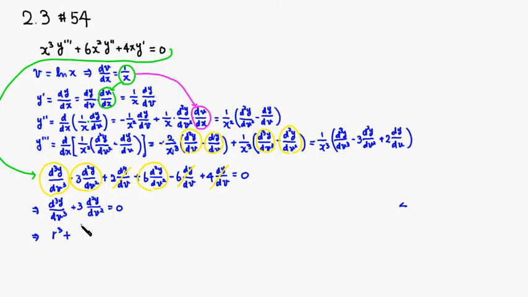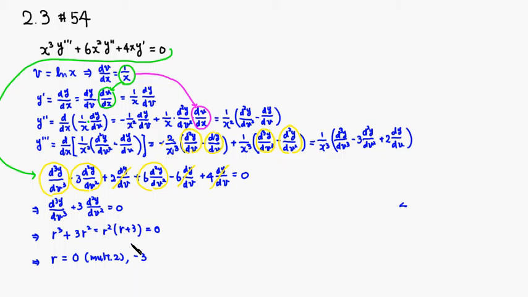So you have a 3r squared, which we can factor out the r squared, and r plus 3 equals 0. So therefore, r is going to be 0 with multiplicity 2 and the negative 3.